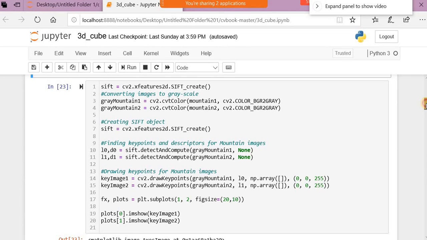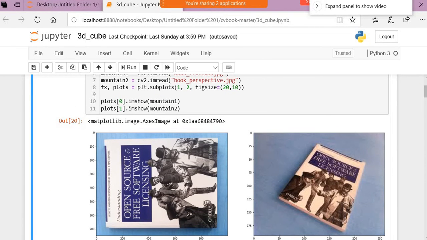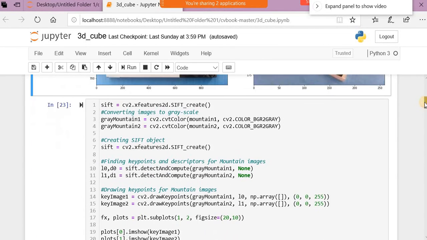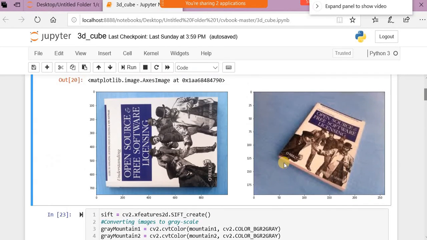The first image is this one. Again for the second image I am taking L1 and D1, the key points and descriptors, for the second image, which has some tilt with respect to the orientation.